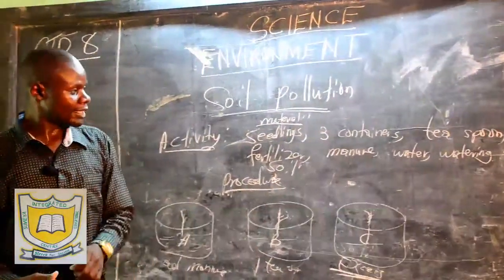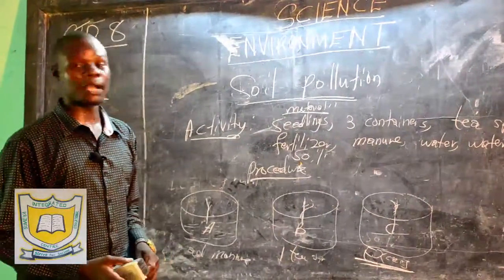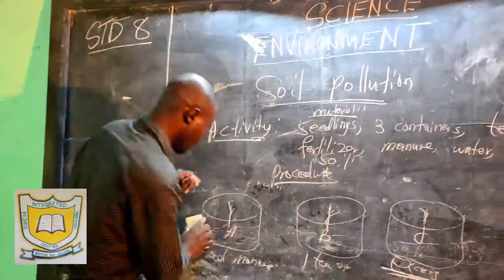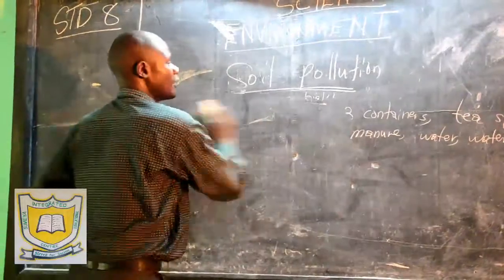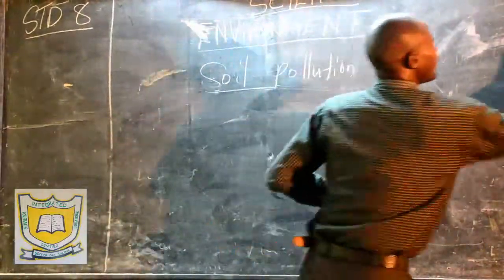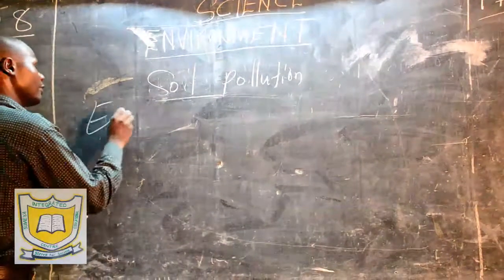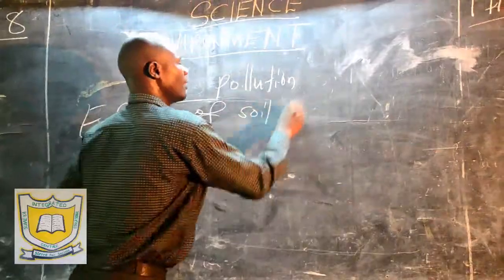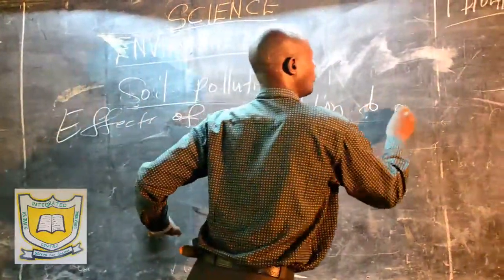I think now we have discussed soil pollution on plants, and lastly, let me talk about animals also, because these are the 2 living components of the environment. Effects of soil pollution to animals.